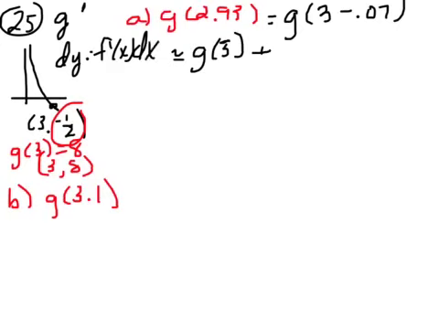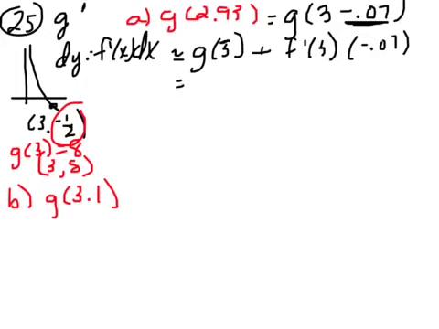So I'm saying that's about g of 3. And then I can estimate the change in y that I need by saying it's the derivative at the point 3 times the change in x. The change in x is negative 0.07, because 3 minus 0.07 gives me the 2.93.